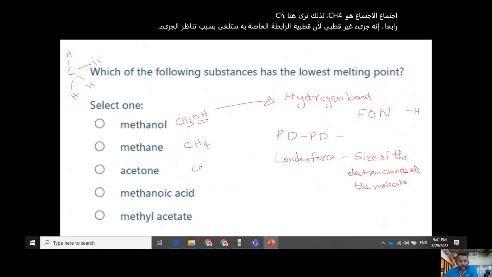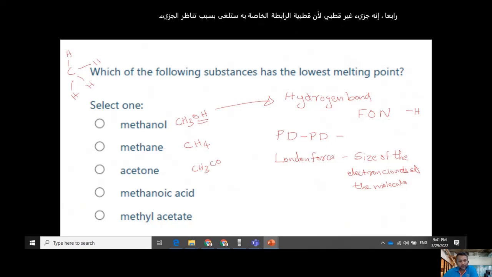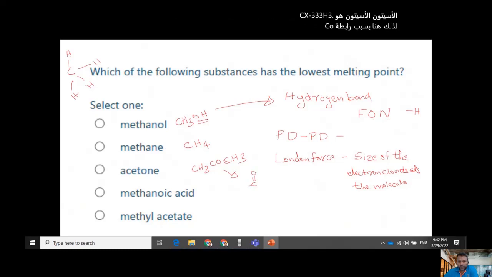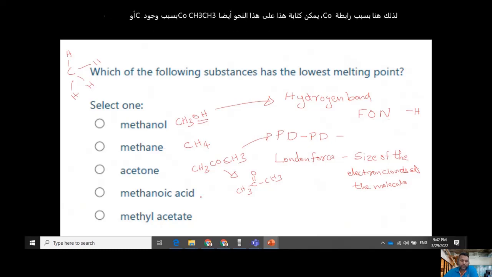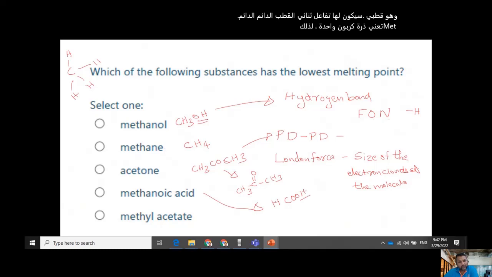Acetone is CH3COCH3. Due to the presence of the CO bond, which is polar, it will have permanent dipole interaction. Methanoic acid, meth meaning one carbon atom, is HCOOH, again oxygen and hydrogen, so it will have hydrogen bonding.